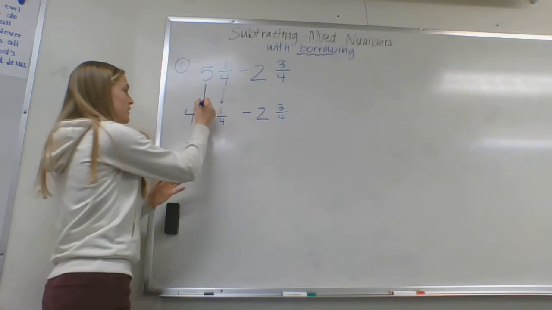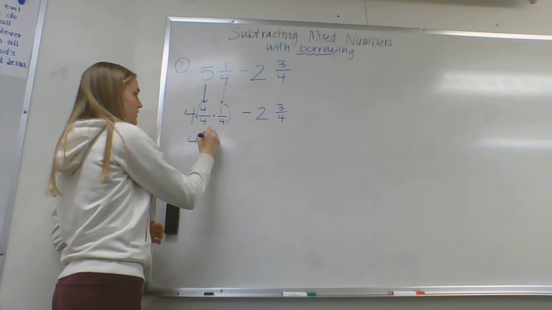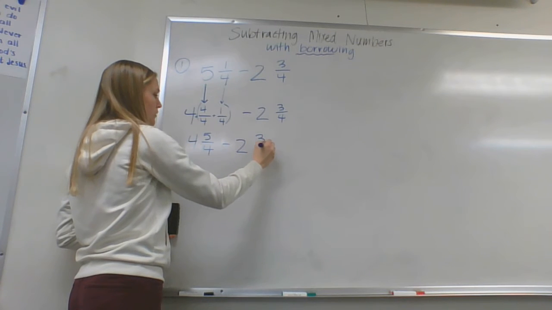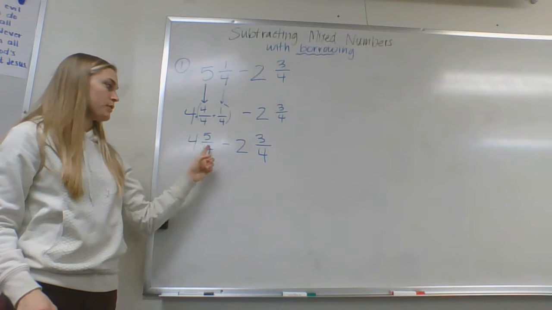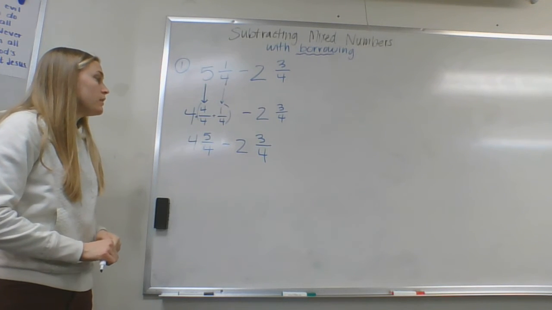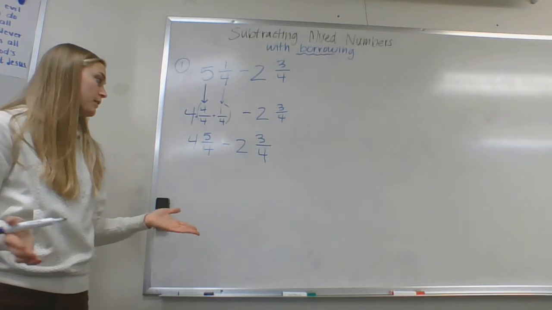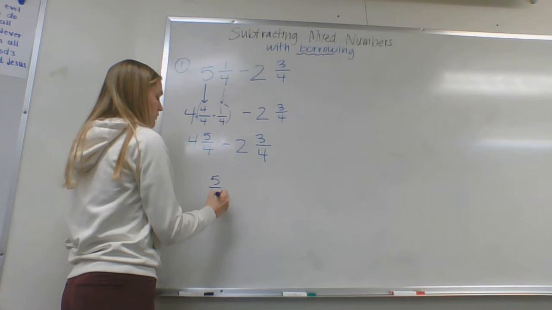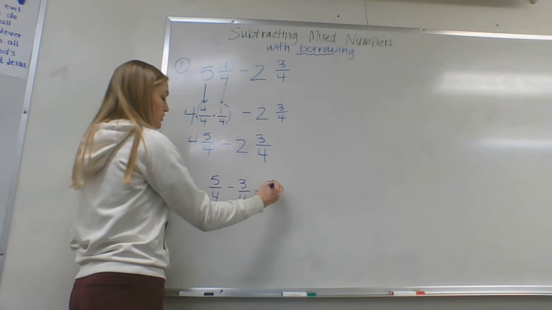Well, let's put these two together now. So we're going to have 4 5/4 minus 2 3/4. Okay, I just put 4/4 plus 1/4, got 5/4. Now we can subtract what we were doing, like what we did yesterday, because now we have enough fourths. So now if we subtract our fractions, we have 5/4 minus 3/4. 5 minus 3 is 2.